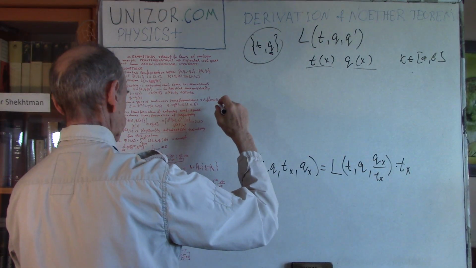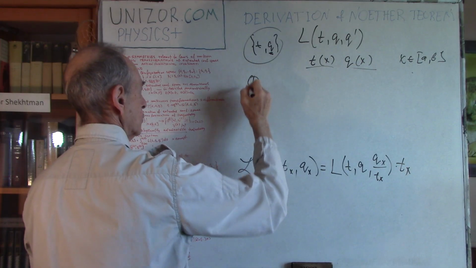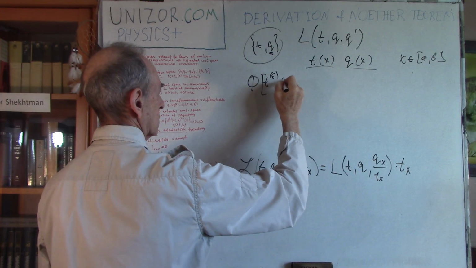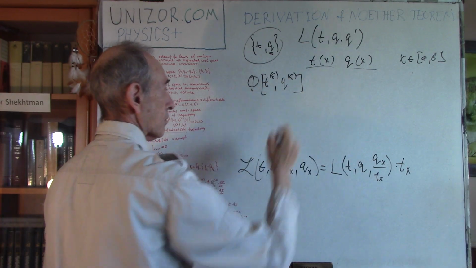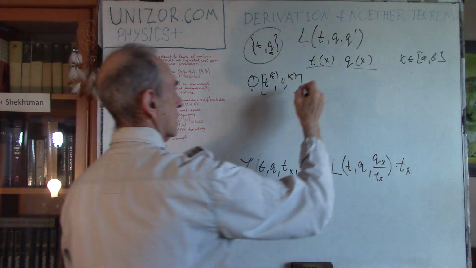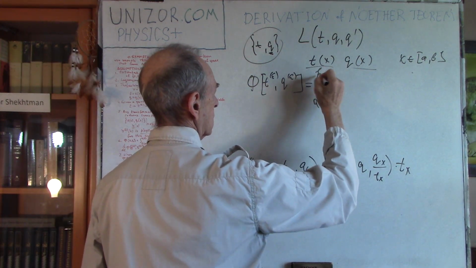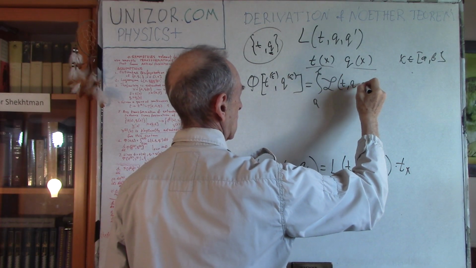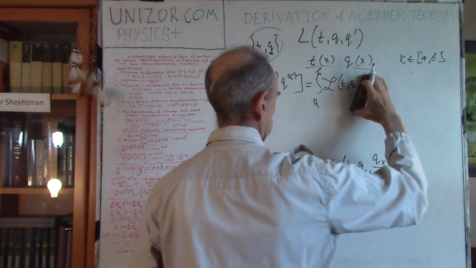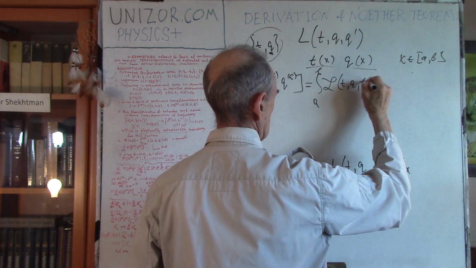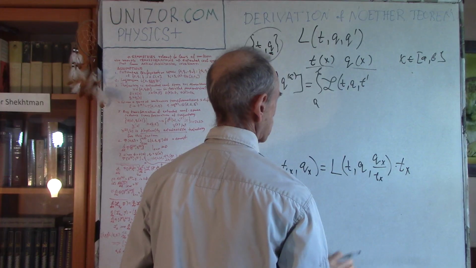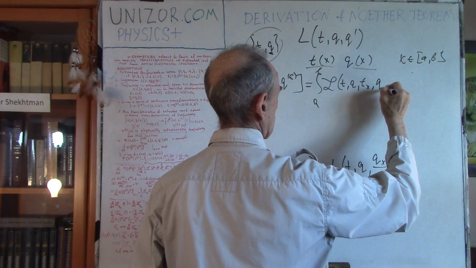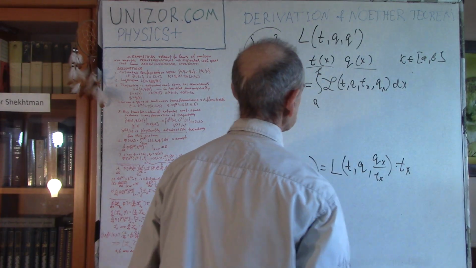So now my new action functional, which depends on t epsilon and q epsilon, the transformed parameters, would be equal to the integral from a to b of my extended or symmetrical Lagrangian, with all these being functions of x, and dx.